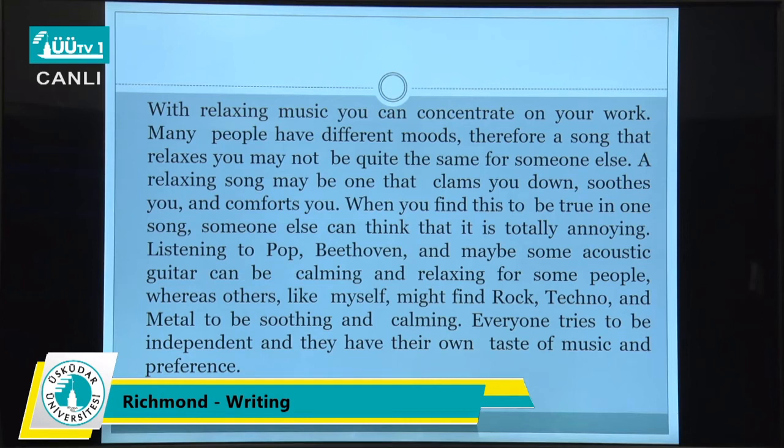It gives examples. For example, pop, Beethoven. And at the end of the paragraph, we have our closing remark. Everyone tries to be independent and they have their own taste of music and preference.